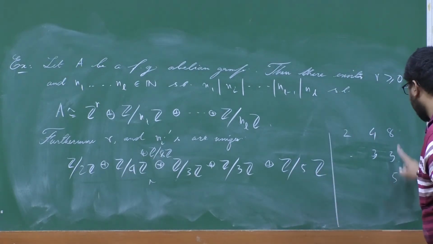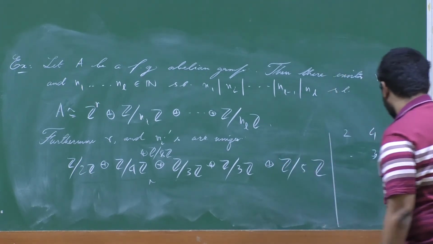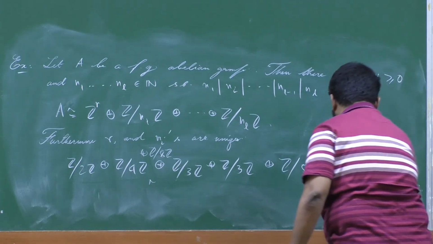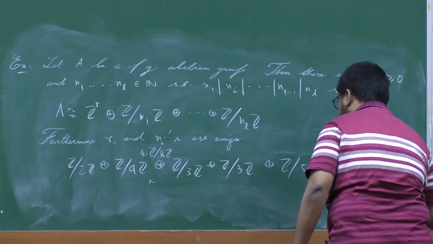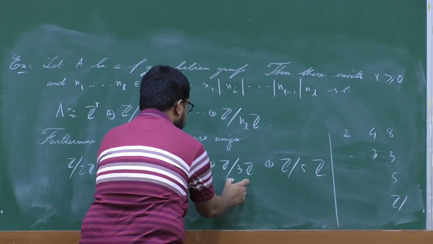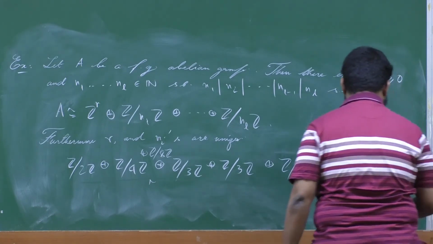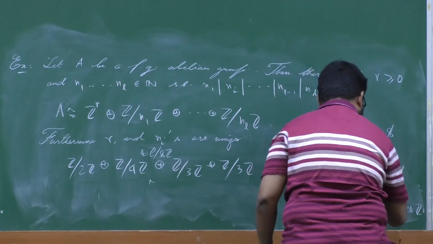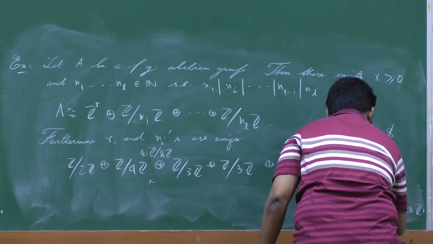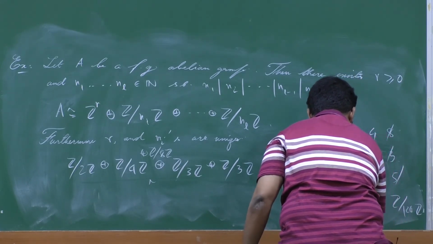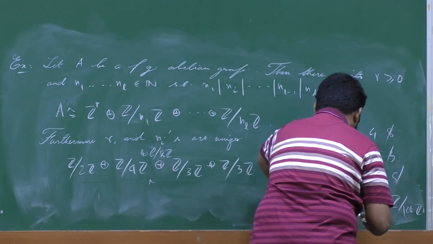So first we take the product of the top powers. So 24 into 5, 120. So this Z modulo 8Z, Z modulo 3Z, Z modulo 5Z will give you Z modulo 120Z. Then once this has been crossed out, 4 into 3, 12, Z modulo 12Z, and finally Z modulo 2Z.